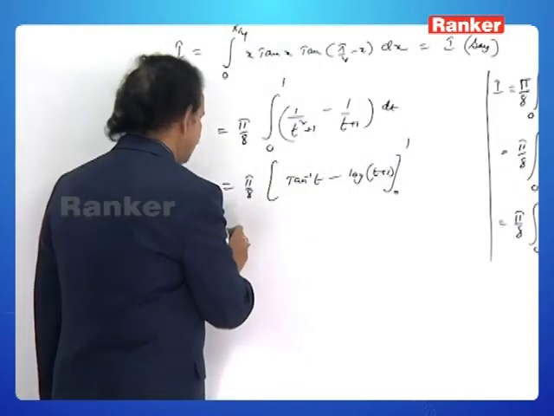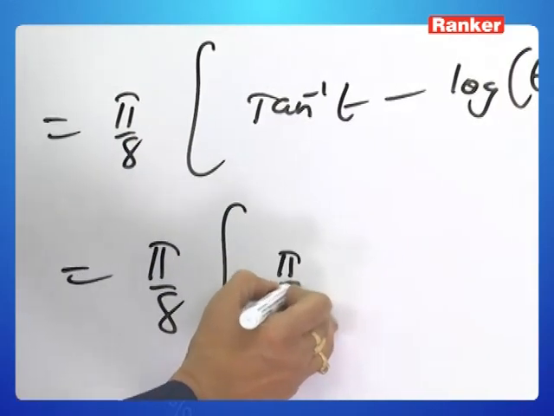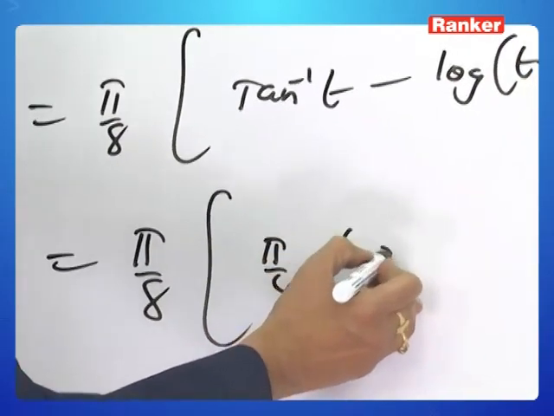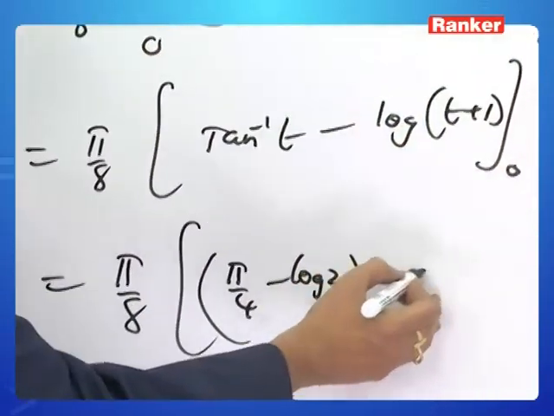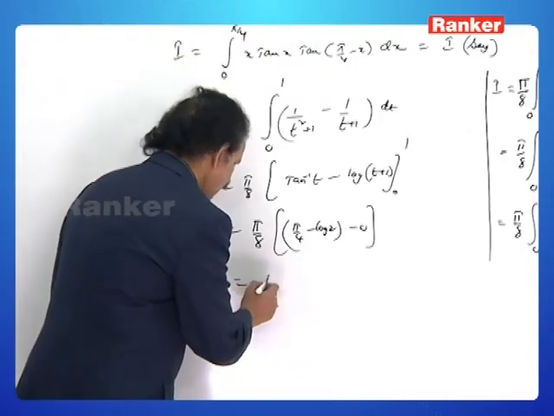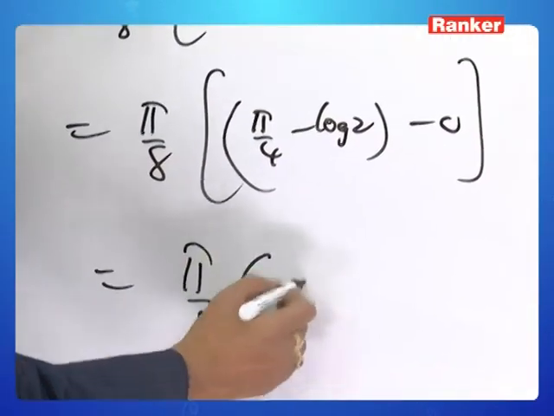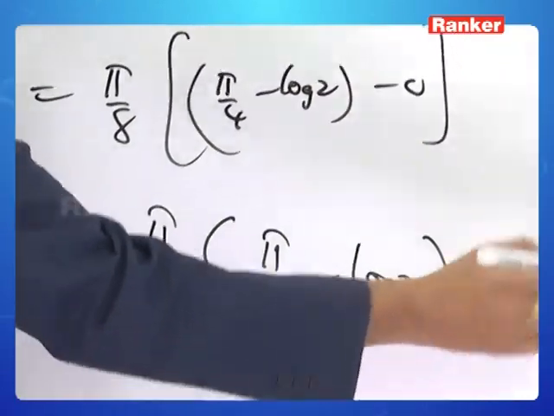If you put 1, what happens? Pi by 8 into (tan inverse 1, which is pi by 4, minus log 2). Tan inverse 0 is 0, and log of (0 plus 1) is log 1, which is 0. Finished. That is the answer. So it is pi by 8 into (pi by 4 minus log 2).